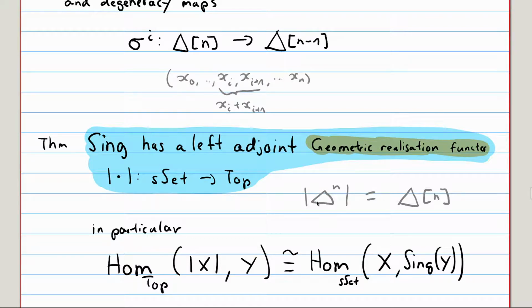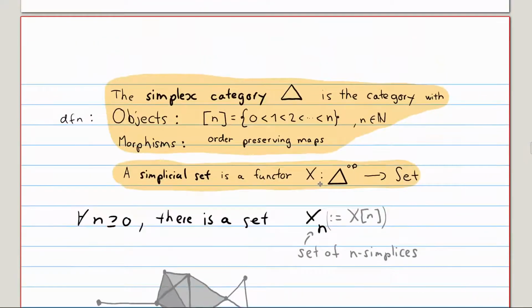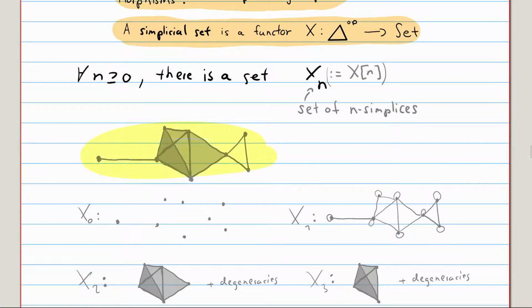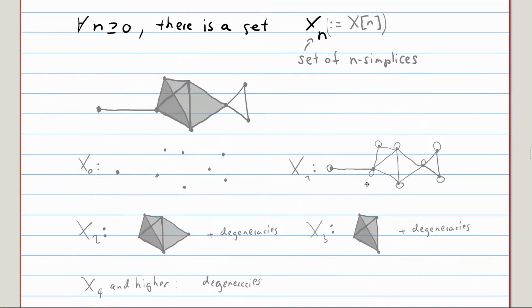For example, if you have this simplicial set Delta^n, then its geometric realization is going to be the standard n-simplex, right? Or if you have this simplicial set right here, then its geometric realization is obviously going to be this thing interpreted as a topological space.